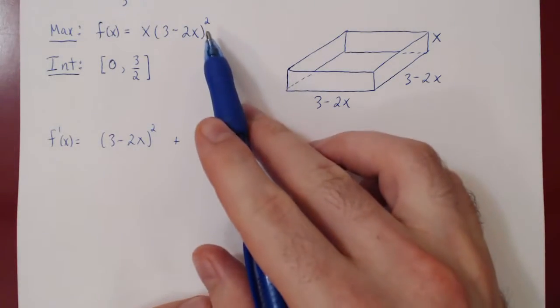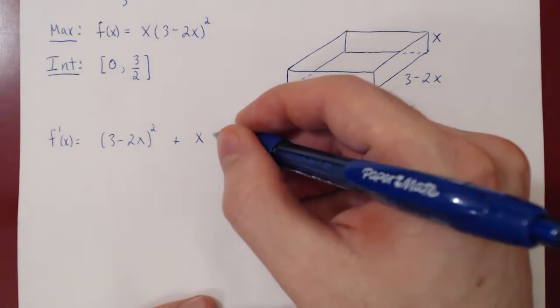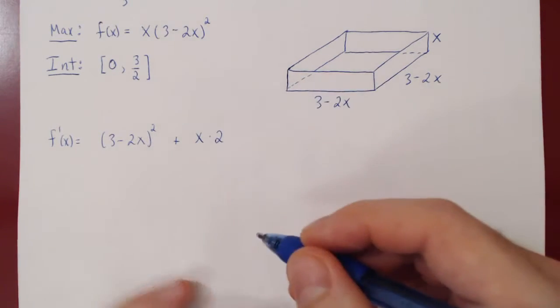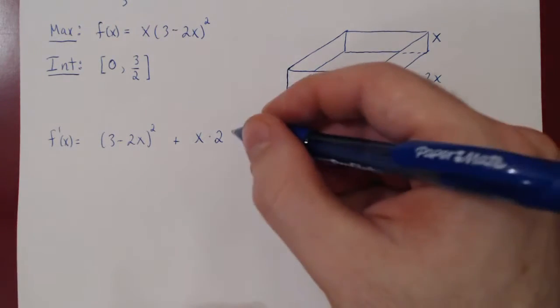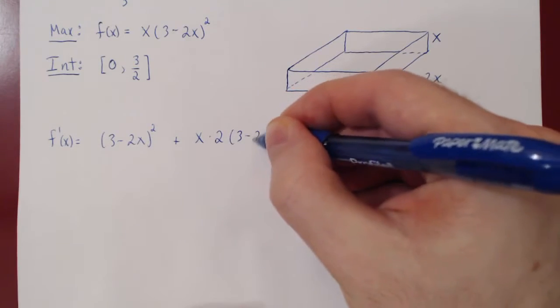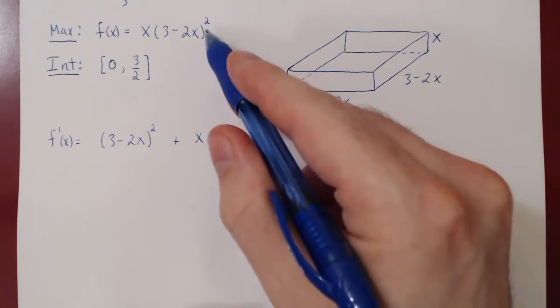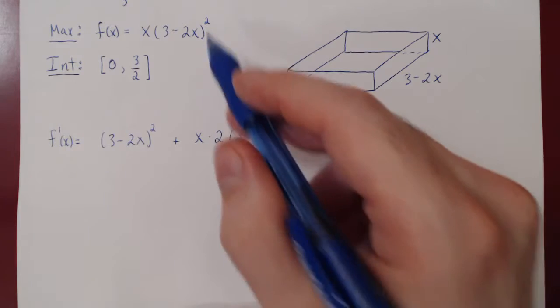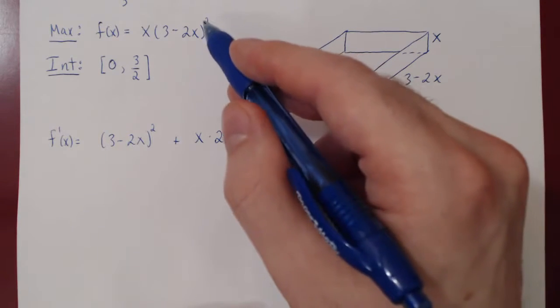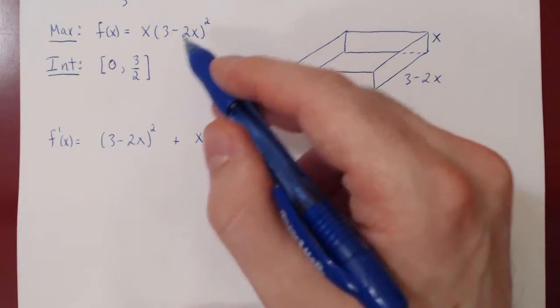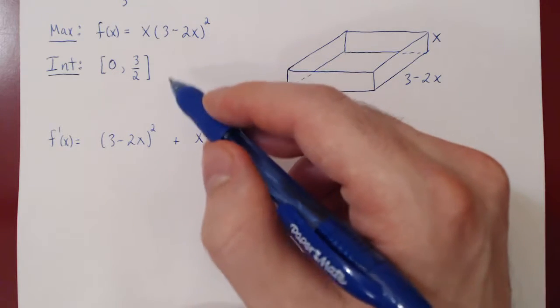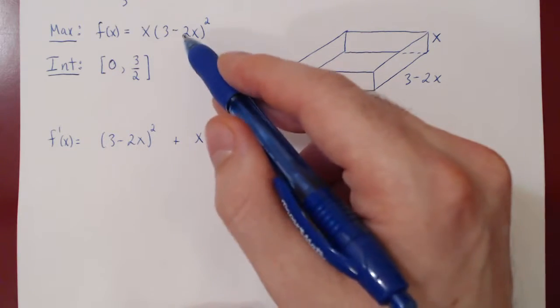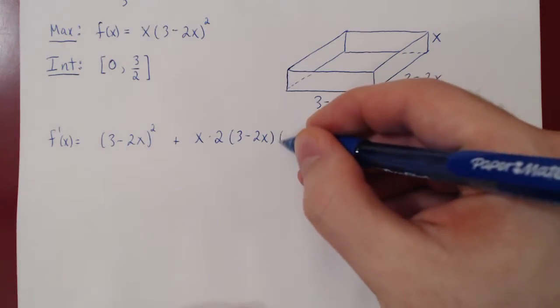The outside function is the power 2. By the power rule, we get 2 times (3 minus 2x) to the power 2 minus 1 is 1, but that's just the derivative of the power 2 times, by the chain rule, the derivative of the argument, and the derivative of 3 minus 2x is simply negative 2.